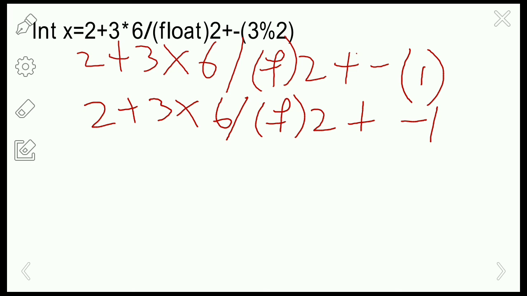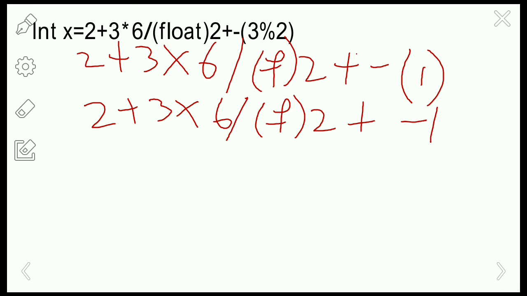Next, which one do we evaluate? Let us check the table. Multiplication, division and modulus come, and then the typecasting. Typecasting has the higher priority, so we evaluate this typecasting, that is float of 2.